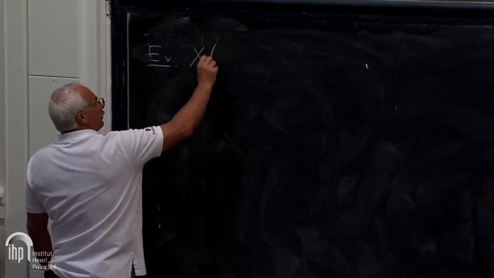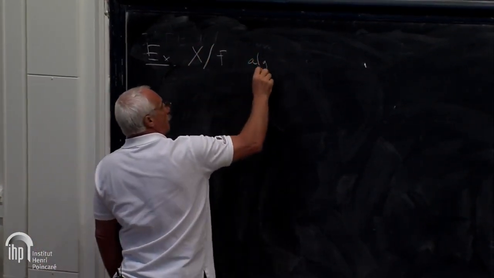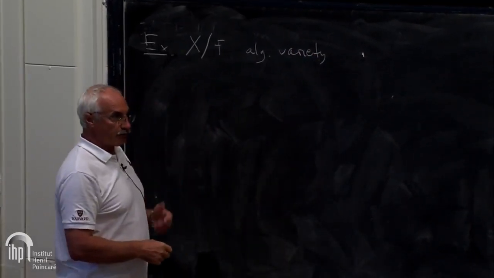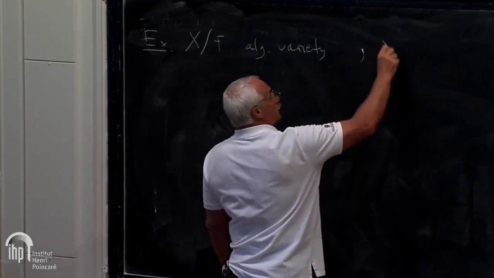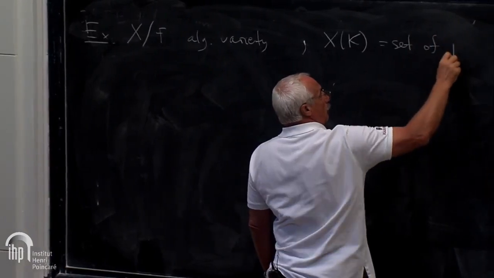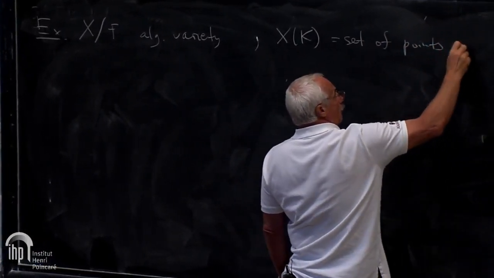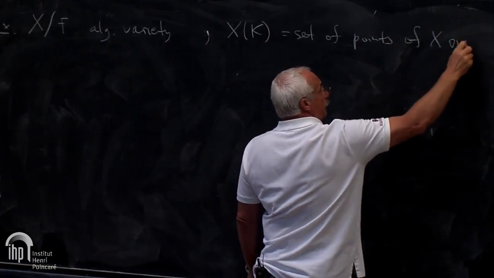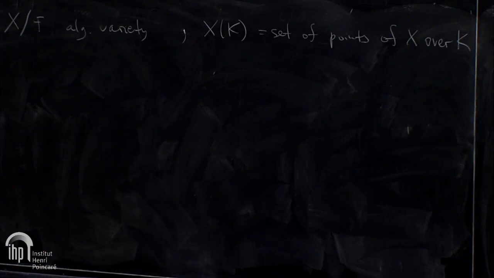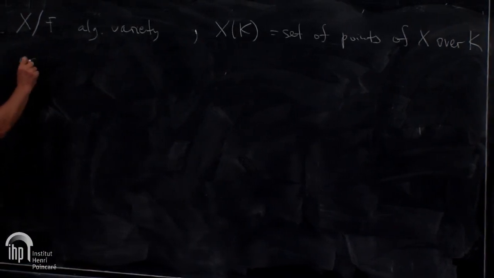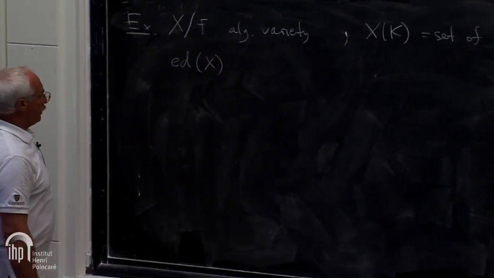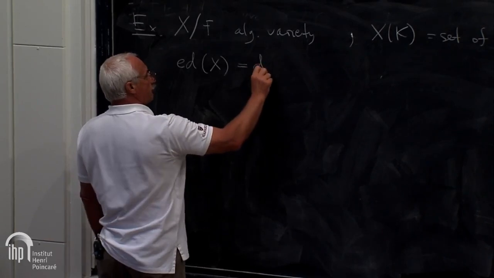Let's take an algebraic variety over F. There is an associated functor, the set of points: X of K is the set of points of X over K. So we can view X as a functor, and then it follows immediately from the definition that the essential dimension of X is nothing but the dimension of X.